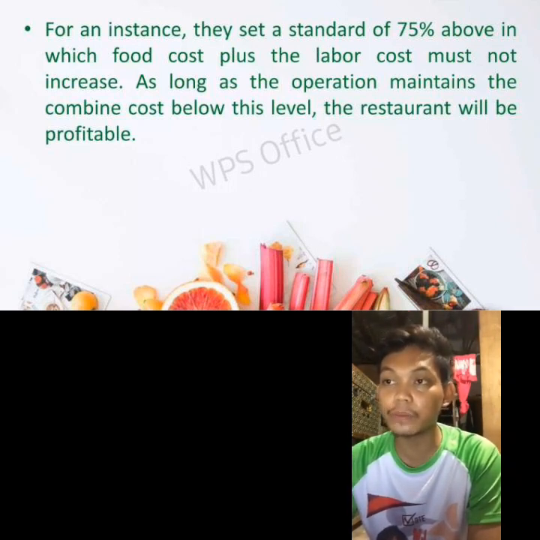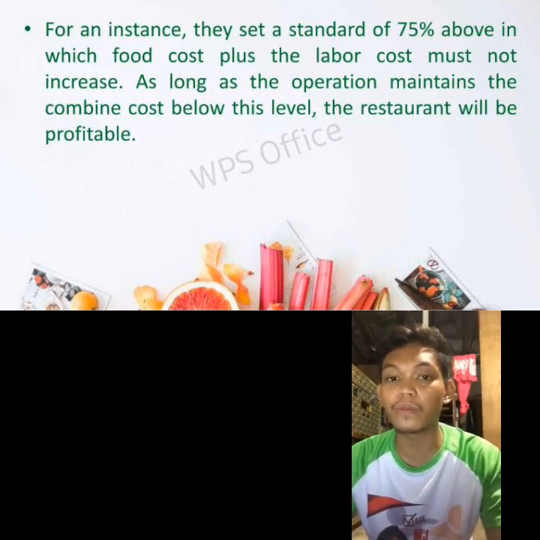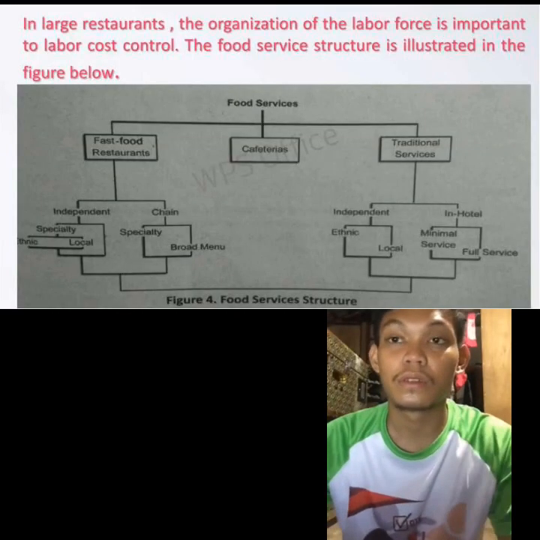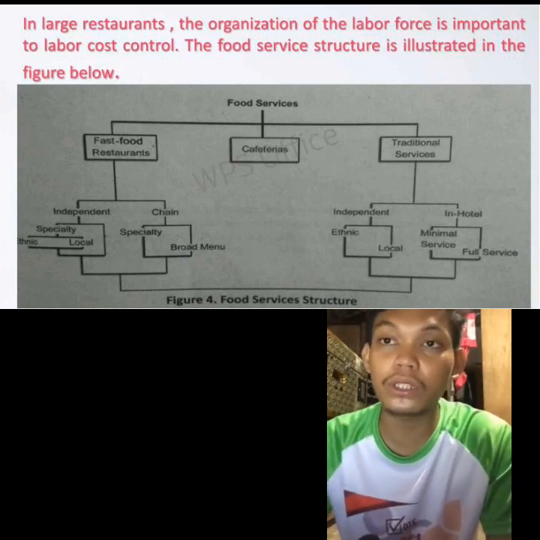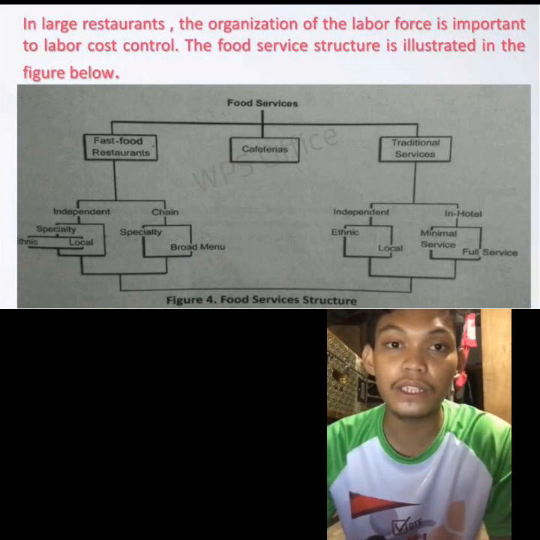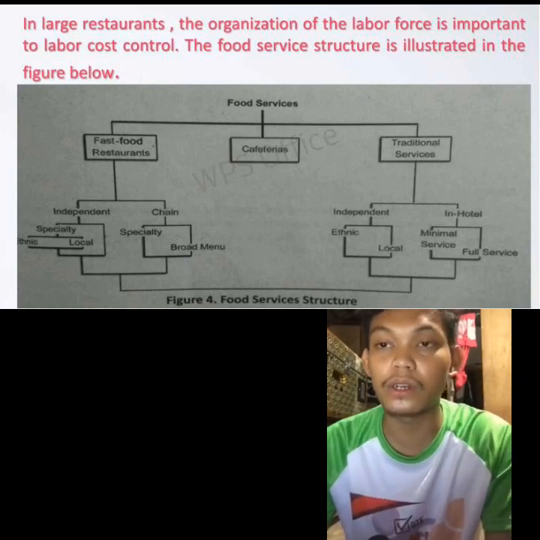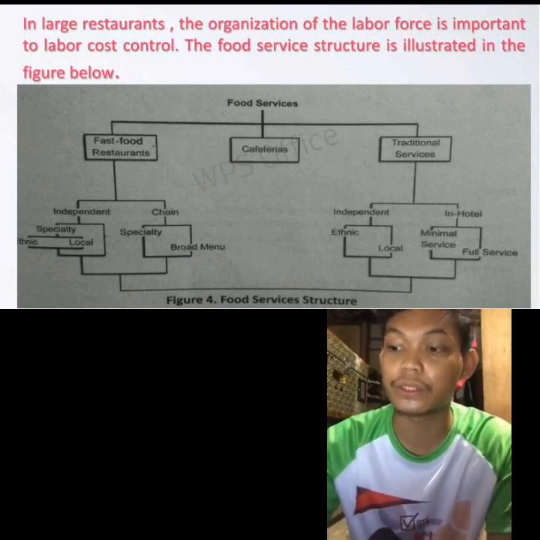As long as the operation maintains the combined cost below this level, the restaurant will be profitable. In addition, labor cost is the total amount of money spent by the company on its workers. This covers their wages, taxes, and many more expenses the company spends on its workers.